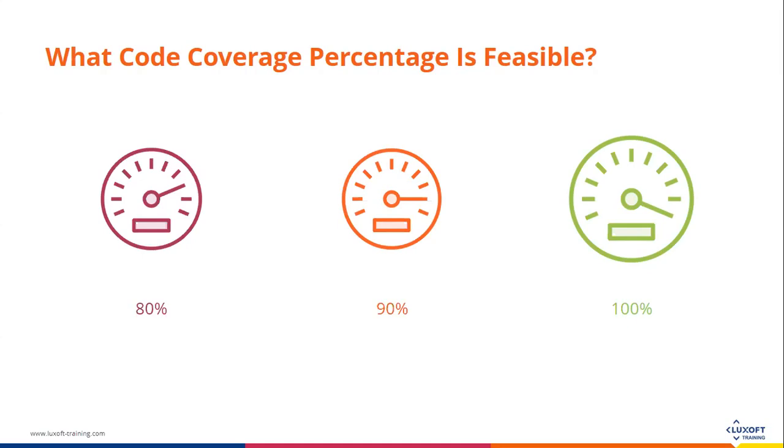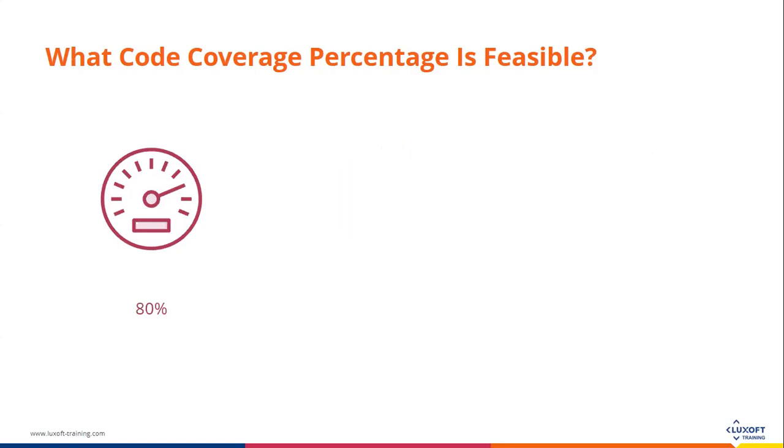Which percentage is feasible? And I will tell you that in most cases, when you work most likely with a customer, 80% is an absolute must. It may be included into what's called definition of done in Agile. It says 80% of code coverage is minimum. We cannot accept less than this.